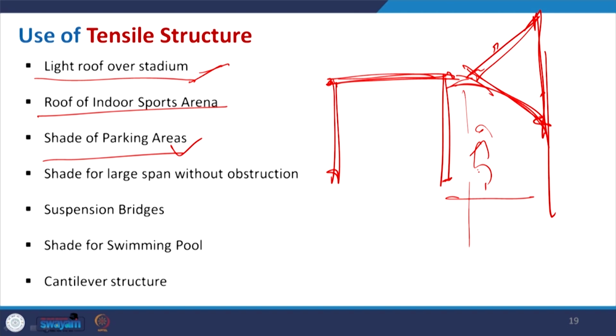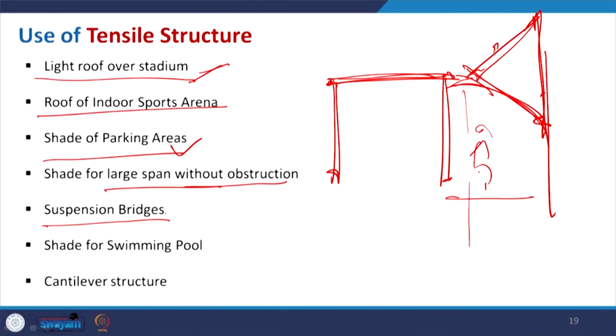Then coming to the large span without obstruction that we have seen, especially the Millennium Dome, which is covering a very huge space with the straight cable and those masts. So, this is also useful for covering a large span.